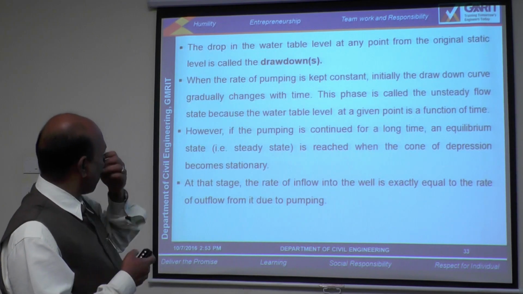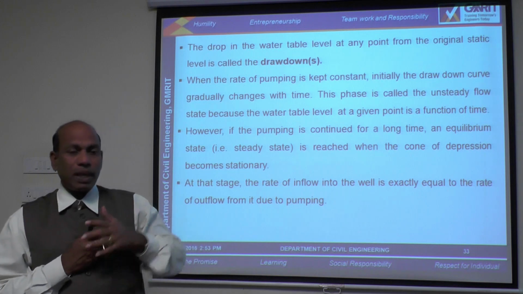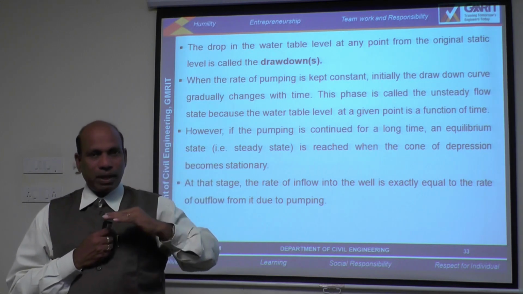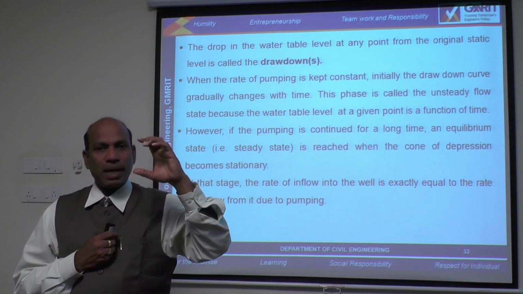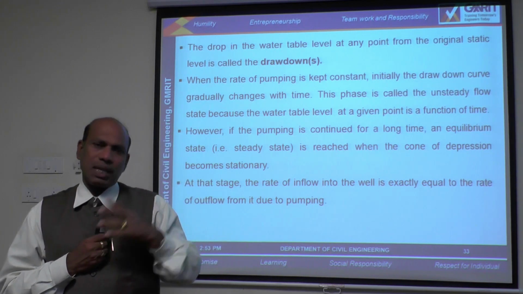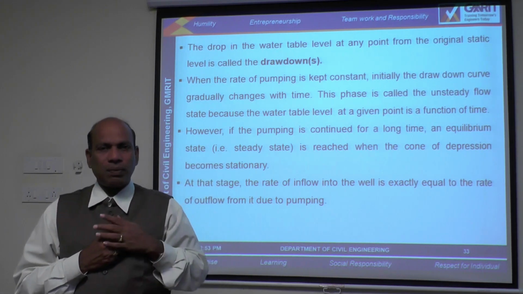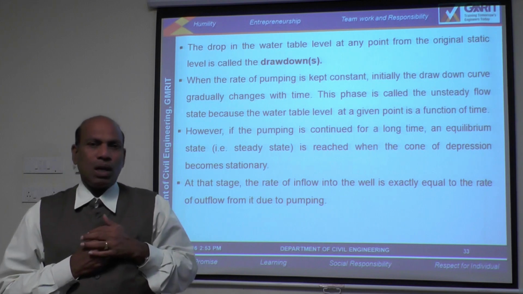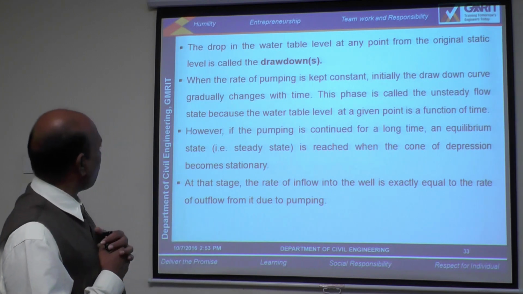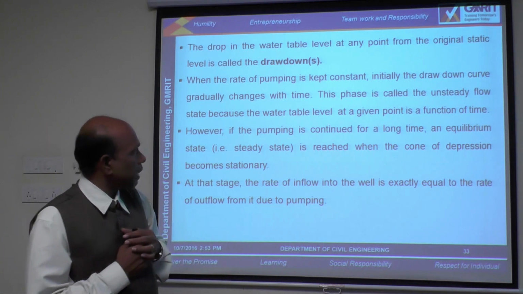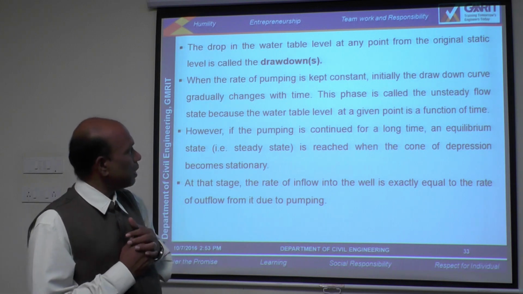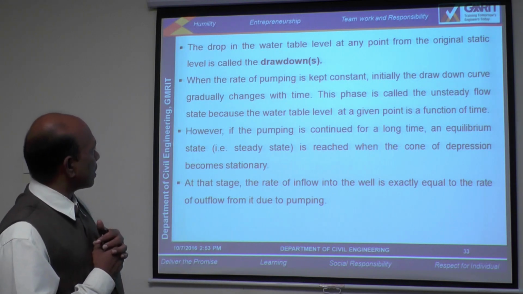One more point: the drop of water from the original level to some lower level is known as drawdown, in the case of both unconfined and confined aquifers. When the rate of pumping is kept constant, initially the drawdown curve gradually changes with time.